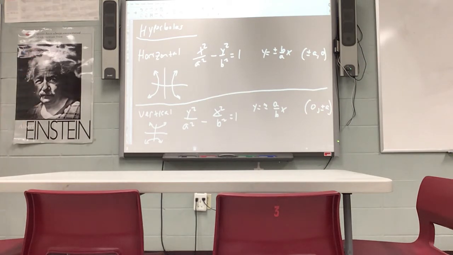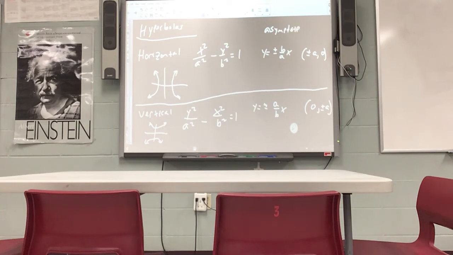With that stuff that you're copying down, the first thing you've got is just your parent function, like we normally do. Then that equation that says y equals plus or minus b over a x, that would actually be the equation for the asymptote. I do this a little bit differently, so I don't use that, but it might be handy for you to know. I'll show you how I do it.